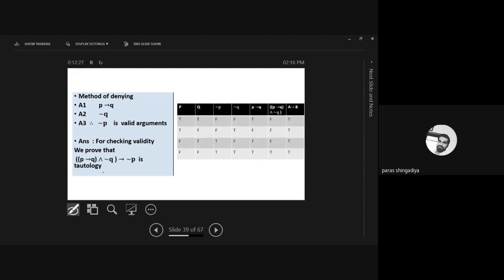Three statements are given, so it is defined as a1 and a2 conditionally a3. A1 is p conditionally q, a2 is negation q, and a3 is negation p. This is our required formula to check validity.